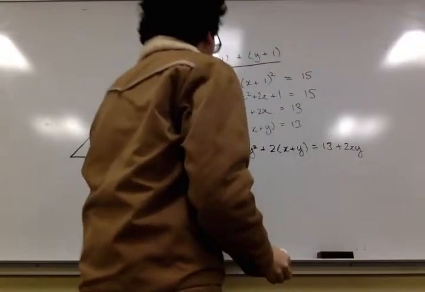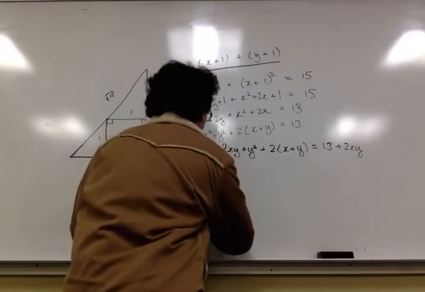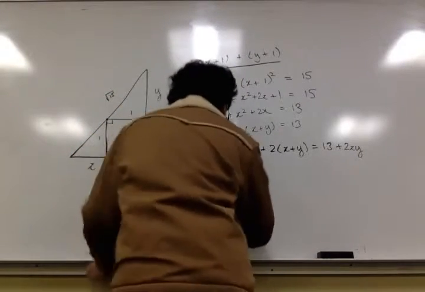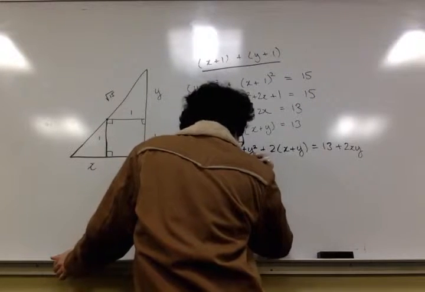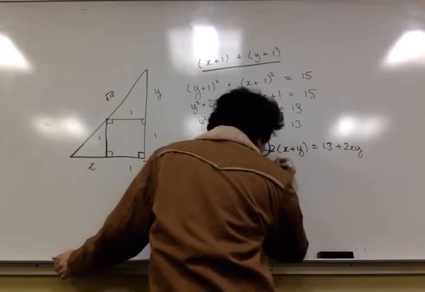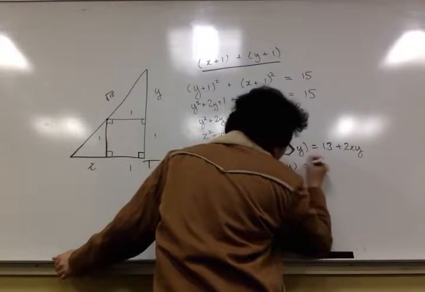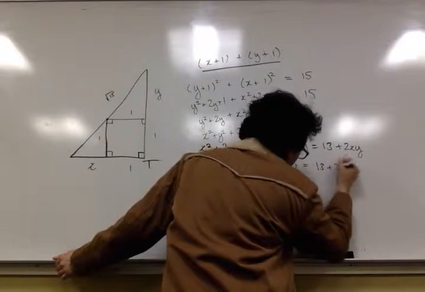Very good. And this is beautiful because it factors now into x plus y, quantity squared, plus 2 times x plus y equals this.